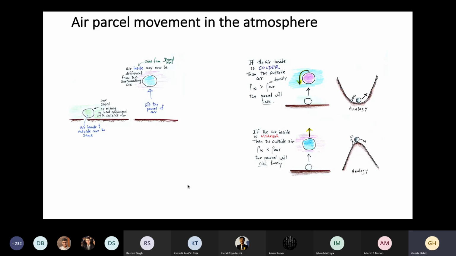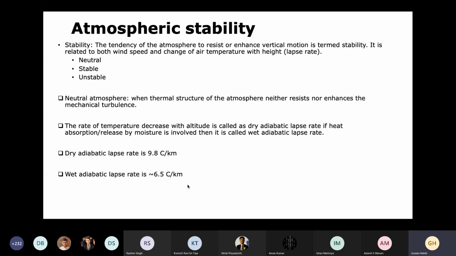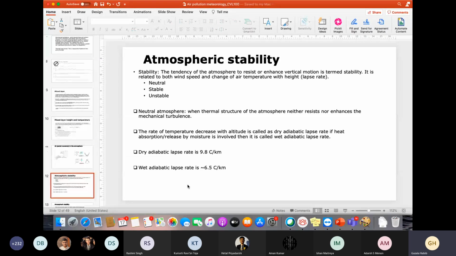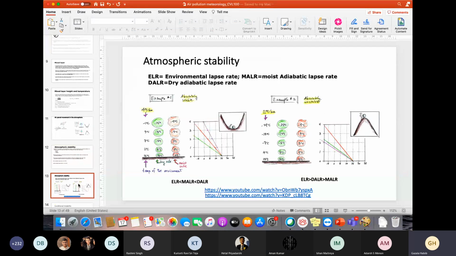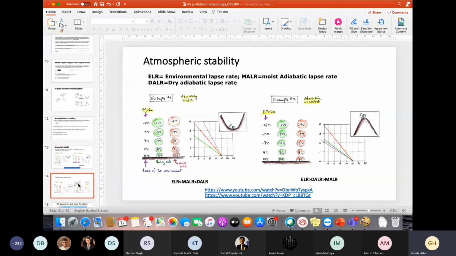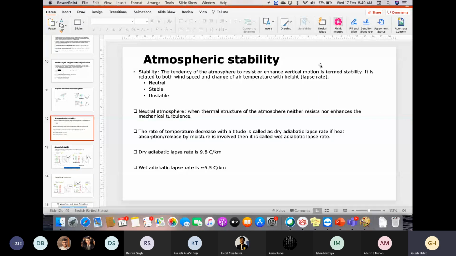This fundamental is used to define the stability class of the atmosphere. Okay, so we will go through that in the next class, because it's a whole topic in itself, so I do not want to start it in this class. So let's learn it in the next class.